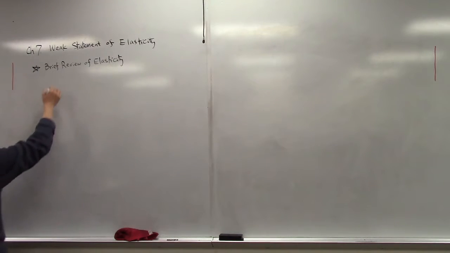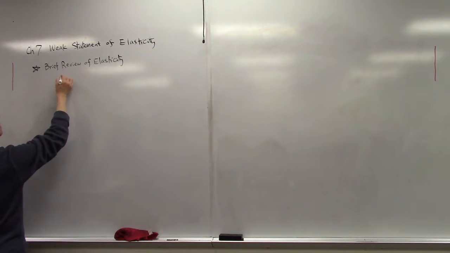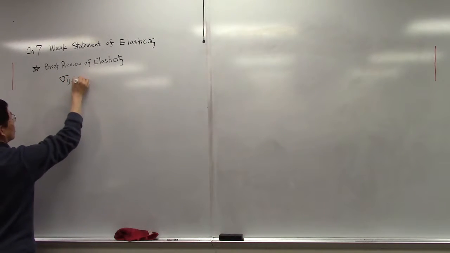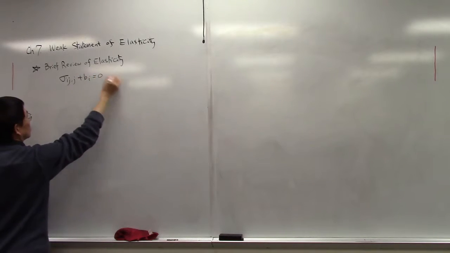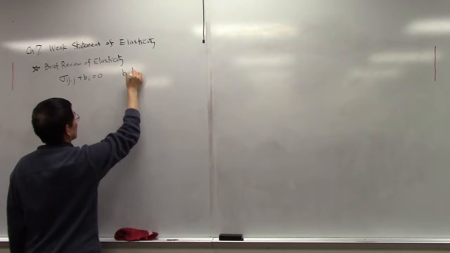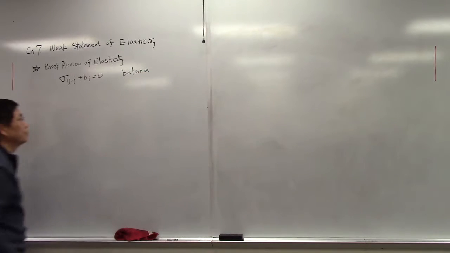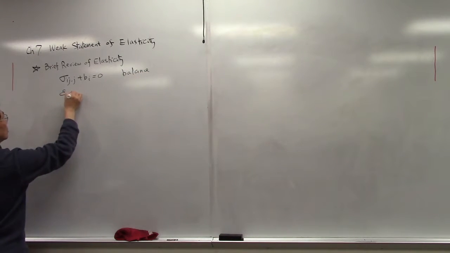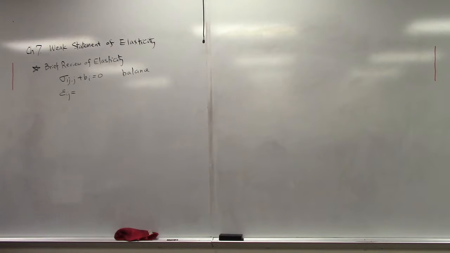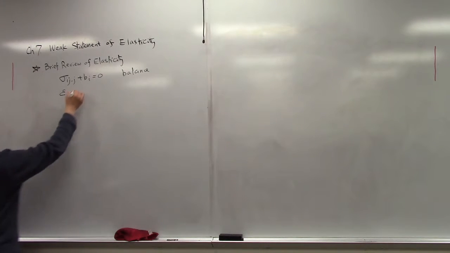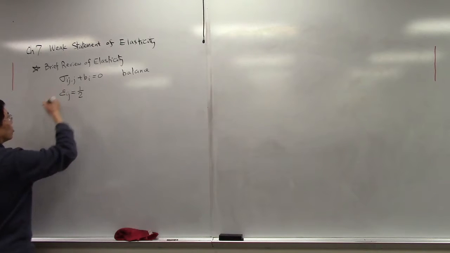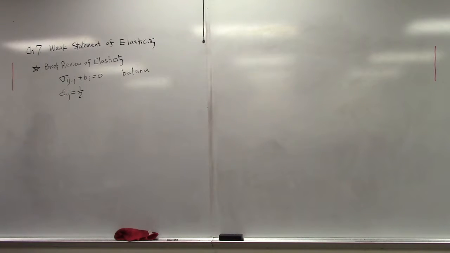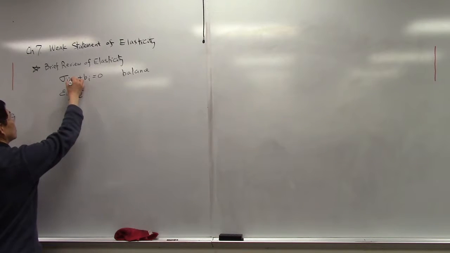We talk about the balance equation, force balance, which is sigma ij,j plus bi equals 0. So this is balance or equilibrium. And then we talk about the strain-displacement relationship using the shorthand notation with ij indexes, and also comma means partial differentiation.